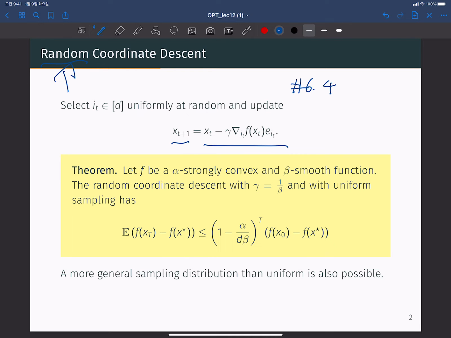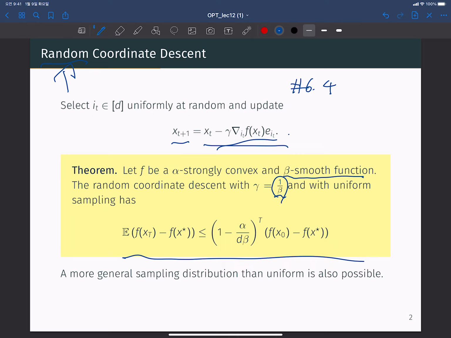Let's assume your objective function f is an alpha-strongly convex and beta-smooth function. Then the random coordinate descent with step size 1 over beta. Of course, when we have beta smoothness, the natural step size is 1 over beta. And with uniform sampling like this, we have this convergence speed.